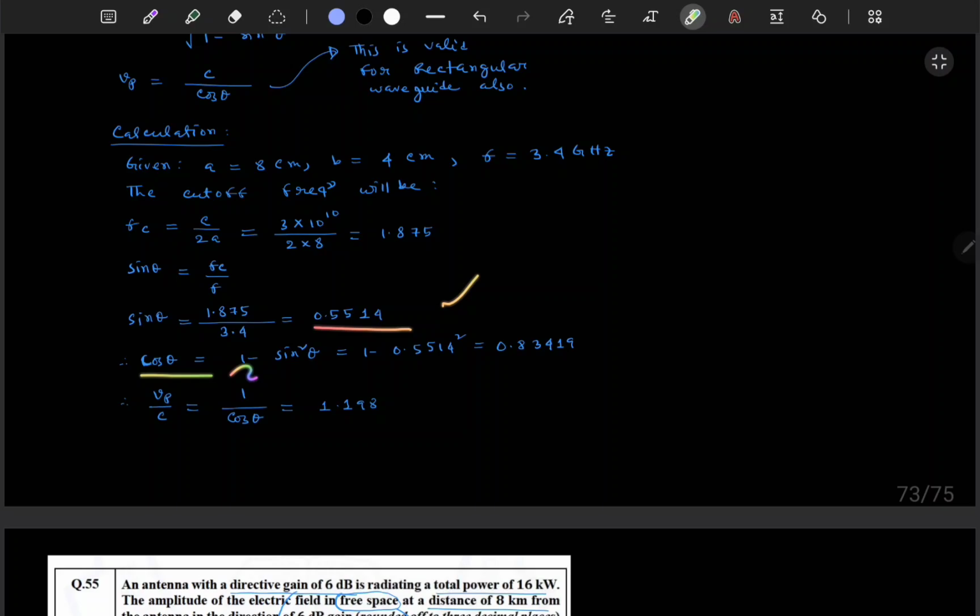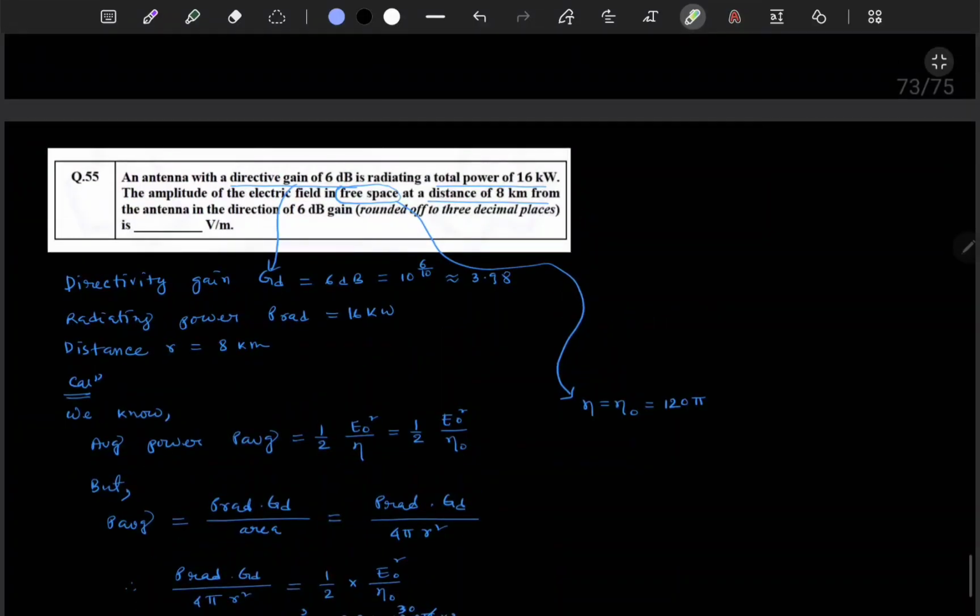Now cos theta will be root of 1 minus sin square theta. So Vp by c, from this formula we can see, is 1 by cos theta. This value we already got, so it will be this answer. Now moving on to the last question of this session.